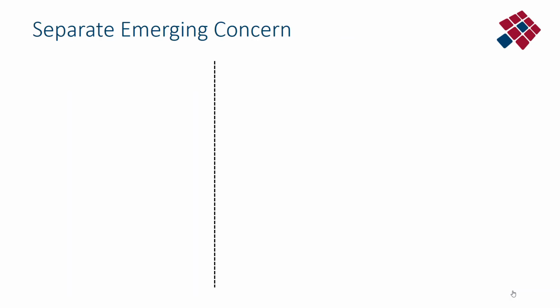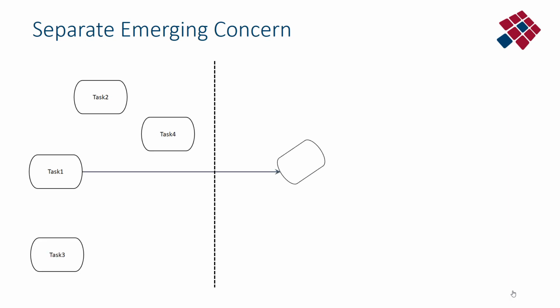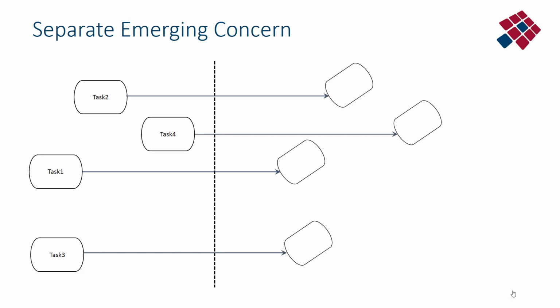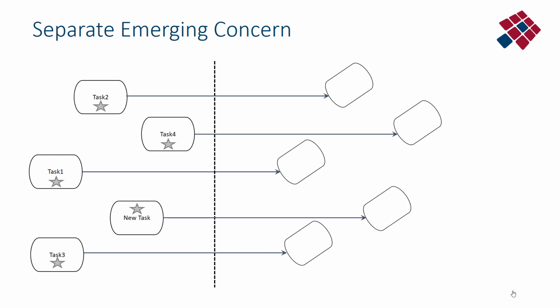And so if you have an emerging concern, like a logging statement, a file rename, which suddenly emerges to be a change driver, what you then have to do is create a new task, conceptually, implement it in a separate module, and then all other modules become dependent on that separate module.